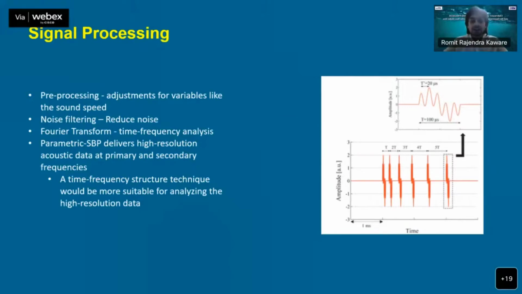A fast Fourier transform is also applied to the data in order to produce time representable data and enable time-frequency analysis. The parametric sub-bottom profiler gives us high resolution data in both its frequency ranges, the high frequency and the low frequency, and so time-frequency analysis is the most suitable in this case.